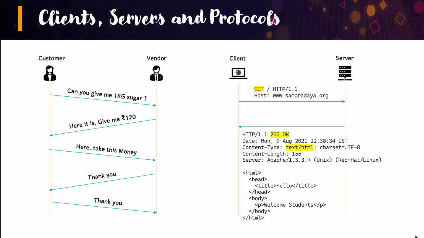Okay. The server says okay, it sends a response. There are many other parts of the protocol that are abstracted out in this slide, but we'll focus on a very high level conversation. The server says HTTP 1.1 200 OK.